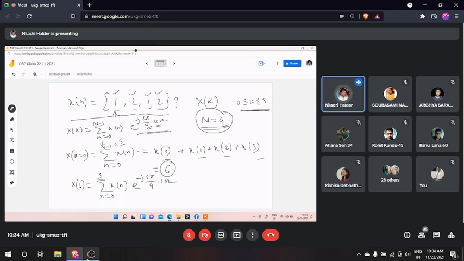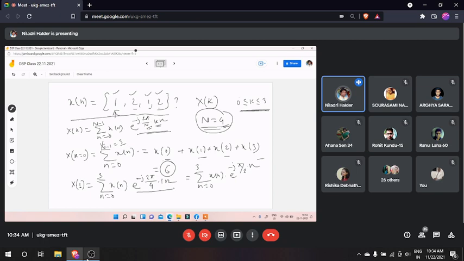Okay, so that term comes as pi by 2 into n, e to the power minus j pi by 2 into n. So it will be summation n equal to 0 to 3 x[n] e to the power minus j pi by 2 n.